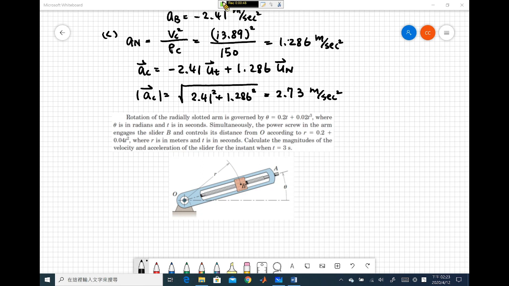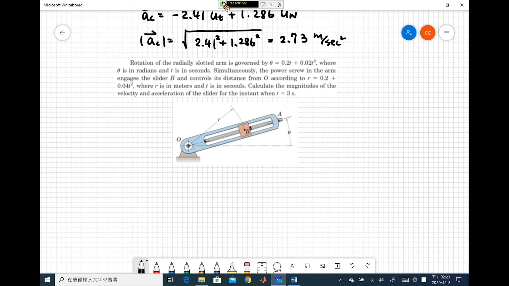Now we want to calculate the magnitudes of the velocity and acceleration of the slider for the instant when t is equal to 3 seconds. So basically, right now we move to the cylindrical coordinates. Then you have to know how to derive your velocity and acceleration in terms of r and theta.